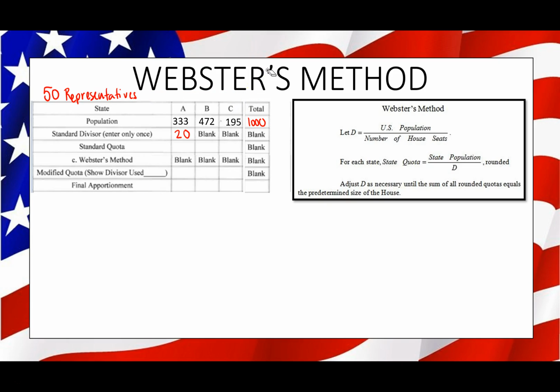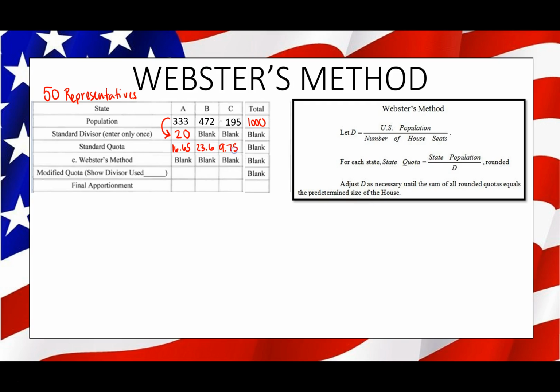All right, let's do 333 divided by 20. That gives me a 16.65. 472 divided by 20 gives me a 23.6. And then 195 divided by 20 gives me a 9.75.